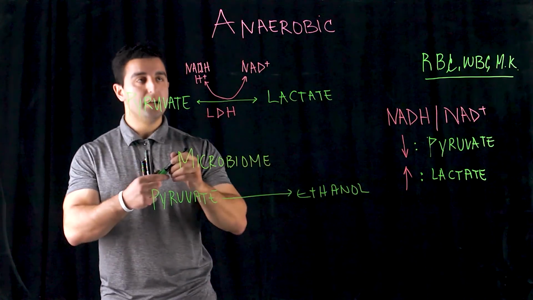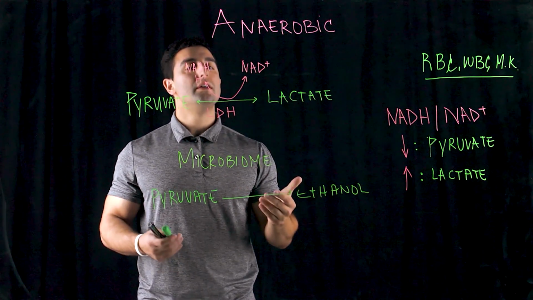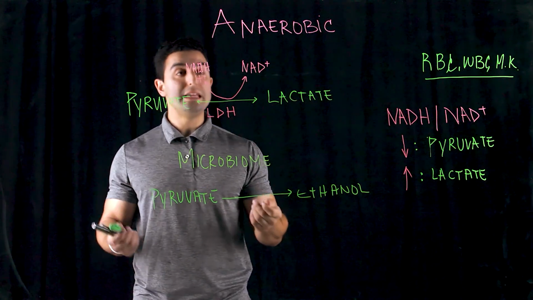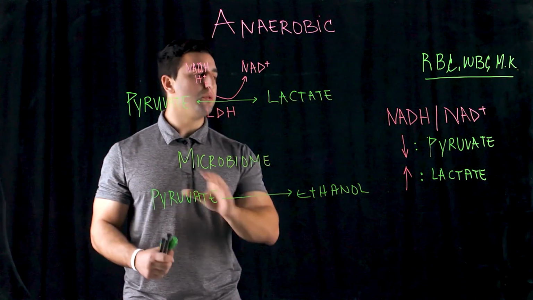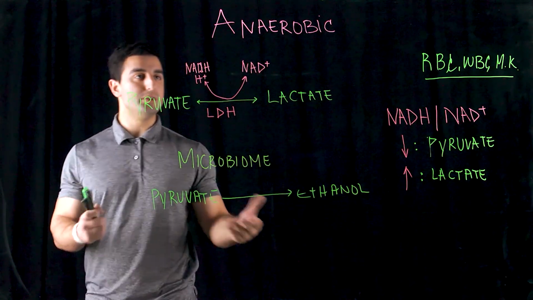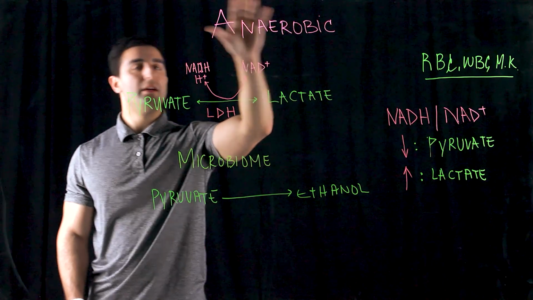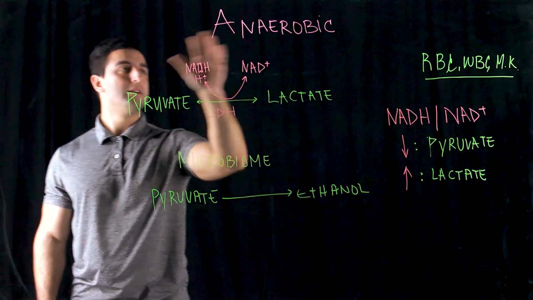All of this happens during an anaerobic response because there is no mitochondria, the membrane-bound organelle we need to produce a respiratory response using oxygen. So no oxygen, anaerobic. Oxygen present, aerobic.